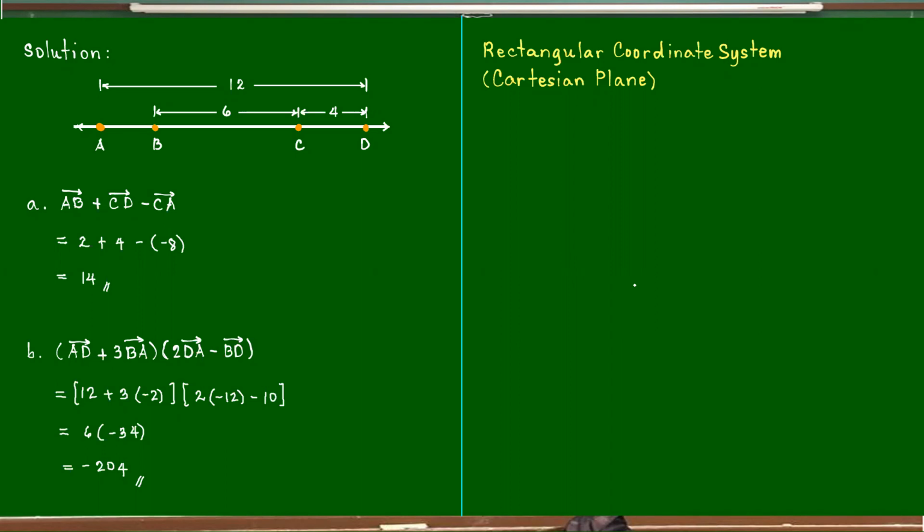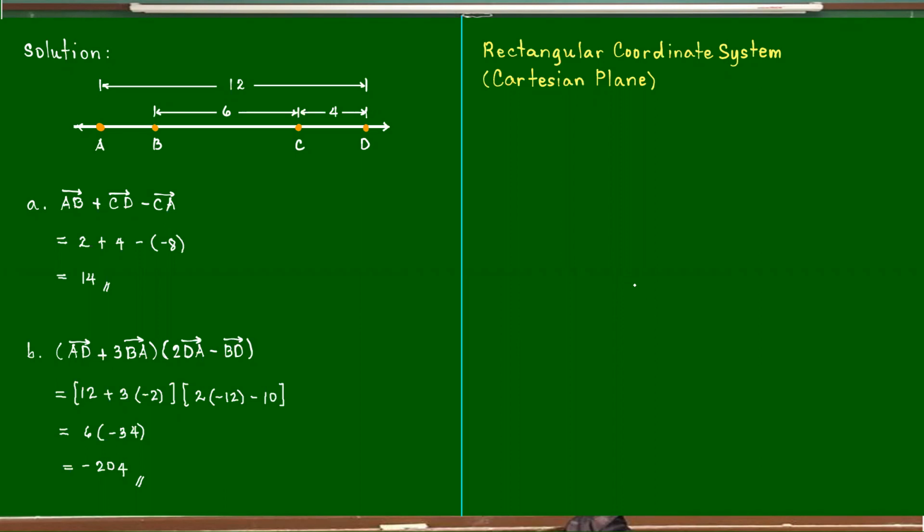The perpendicular lines that intersect at the origin are called coordinate axes. These are the x-axis and y-axis. And these coordinate axes divide the plane into four regions or compartments. Each compartment is called a quadrant.